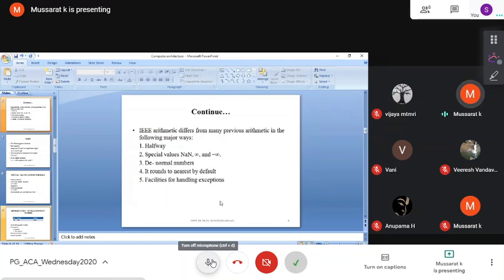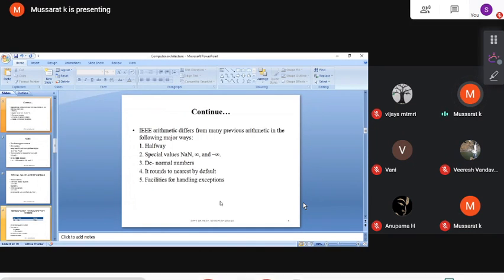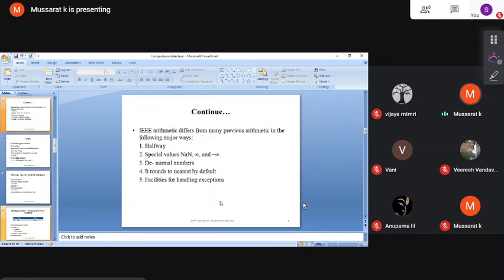Okay, you can continue. IEEE arithmetic differs from many previous arithmetics in the following major ways. First, when rounding a halfway result to the nearest floating point number, it picks the one that is even. Second, it includes special values, that is NaN, infinity and minus infinity.